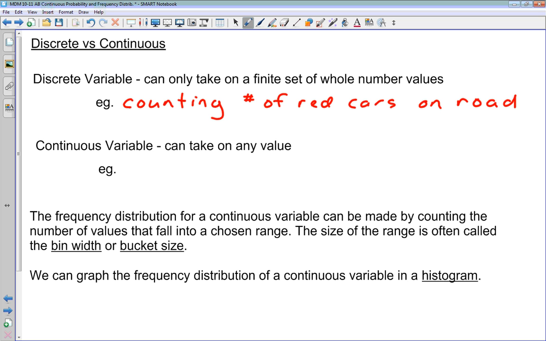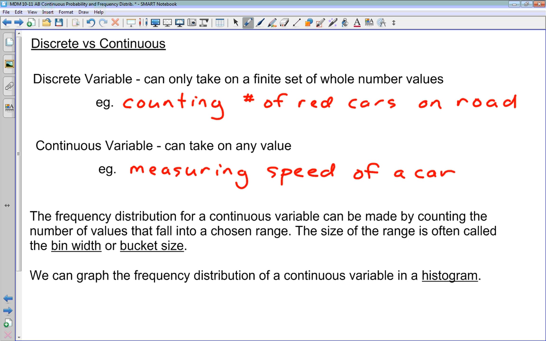A continuous variable can take on any value. Now, there are some caveats when we say any value, but an example might be if we wanted to measure the speed of one of these cars. It could be one of the red cars that we counted earlier. So if we're measuring the speed, we could measure a speed of 50 miles an hour, or 55 miles an hour, or 52.3, or 53 and a third.